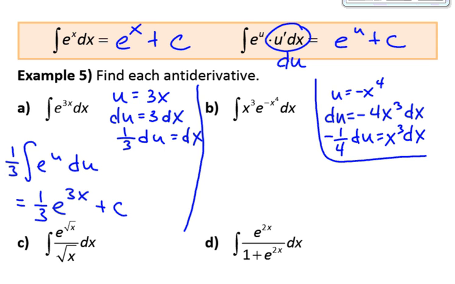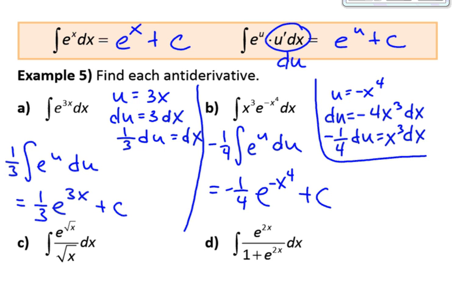So then we have negative 1/4 integral of e to the u du, which will then become negative 1/4 e to the negative x to the 4th plus c. So you can see that it's pretty simple. When it gets more challenging is just figuring out what your u is going to be and things like that.